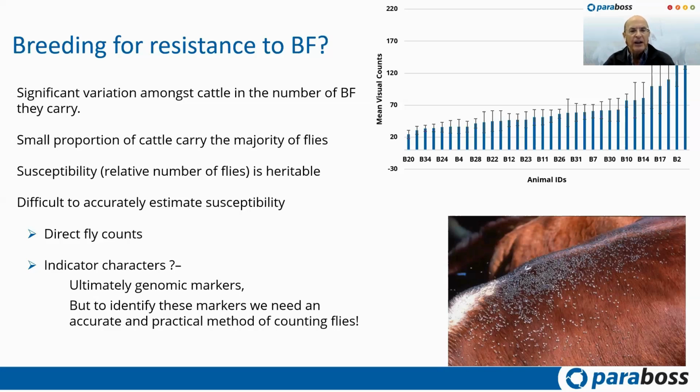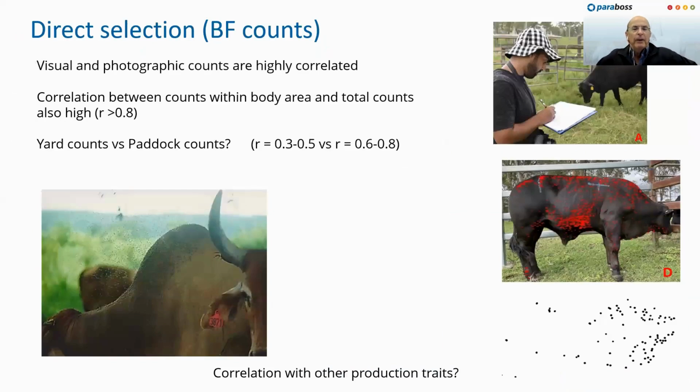But the catch-22 for that is that we need a good direct counting system, so that we can get good measures on lots of cattle to accurately identify these genomic markers. So we're back to direct fly counts again. Okay, so direct selection of buffalo fly counts.